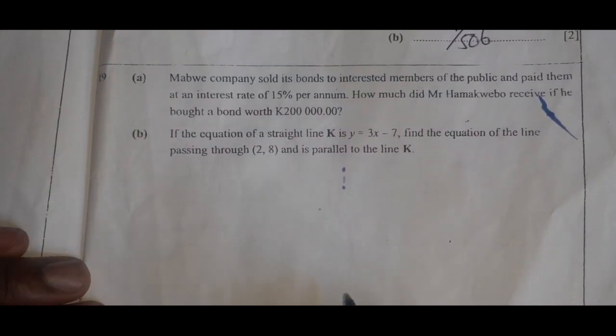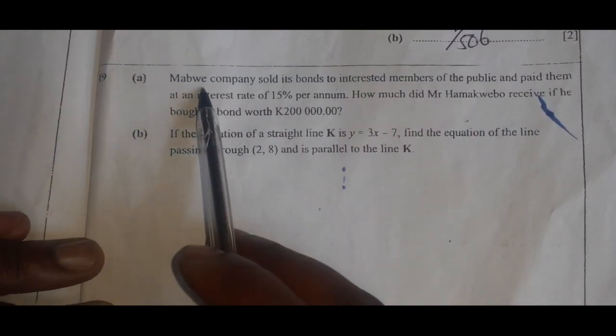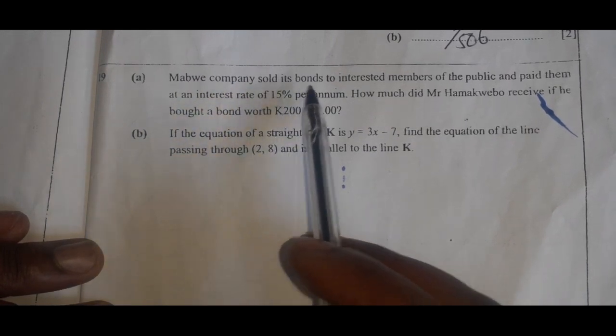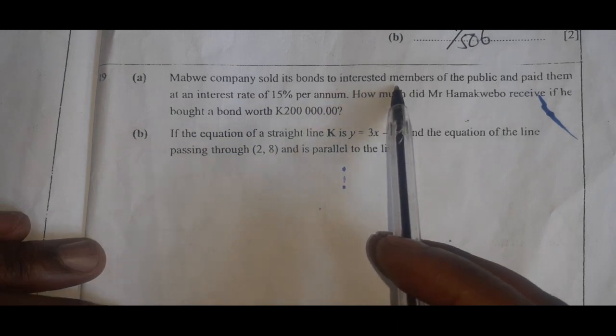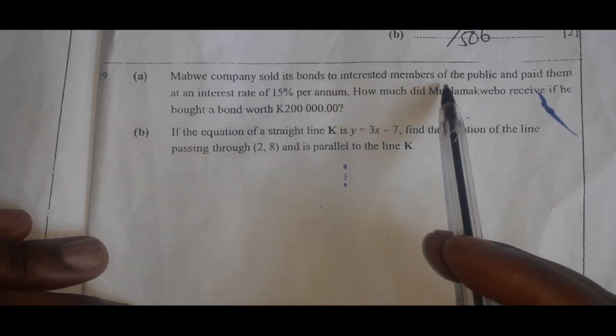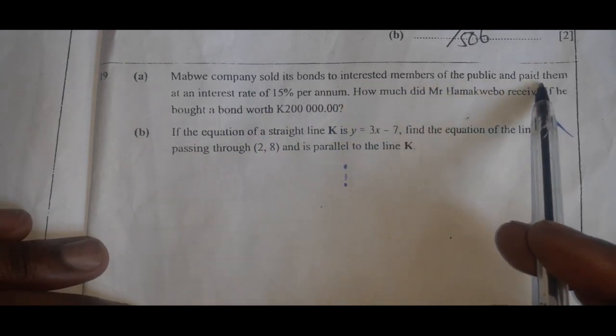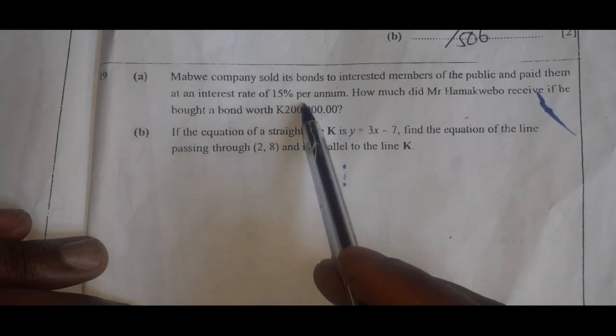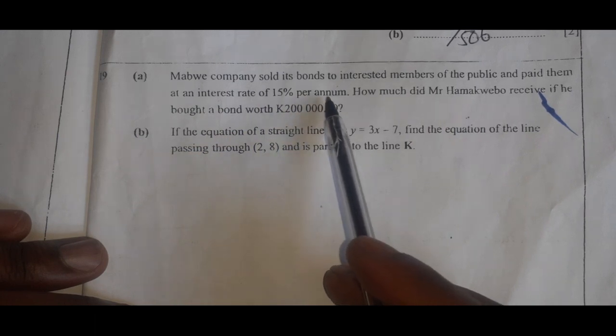Question 19a: Mabwe company sold its bond to interested members of the public and paid them an interest rate of 15% per annum.